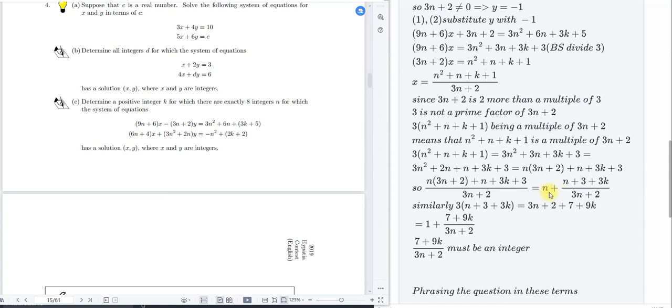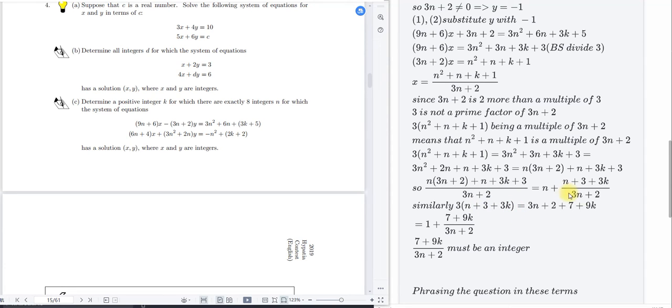So now we can get this one. We just showed that this one is an integer. n plus 3 plus 3k is divisible by 3n plus 2. Similarly, this one doesn't have a factor of 3, so we multiply by 3.